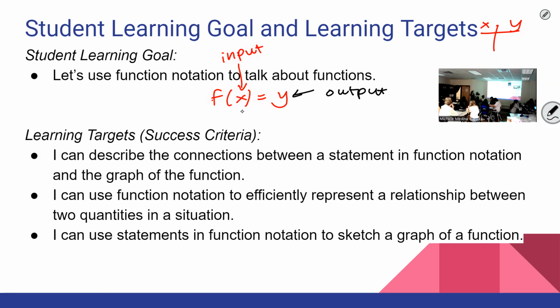That's your output. It's just a fancy way of writing it so that you can clearly see what the input is. Make sense? So if I have the coordinates 3, 4, how would I write that in function notation, you think? So don't shout it out yet. Now discussing in your groups, how would you write the coordinate in function notation? Think which one's the input, which one's the output, where does it go?